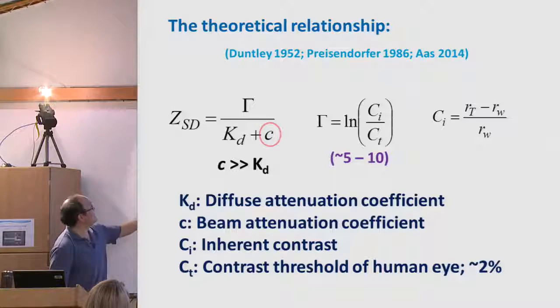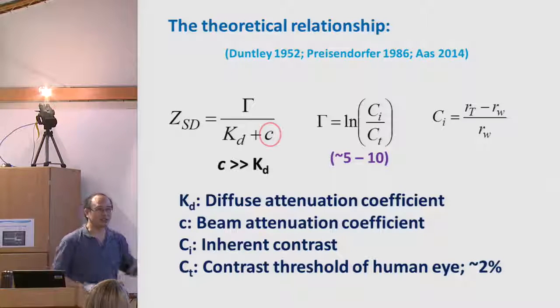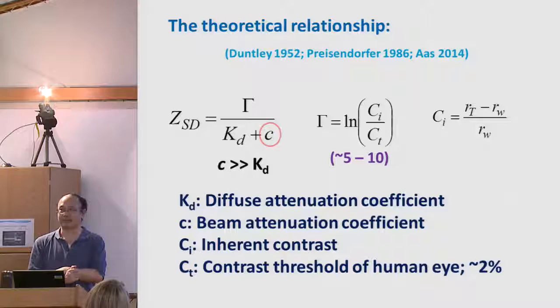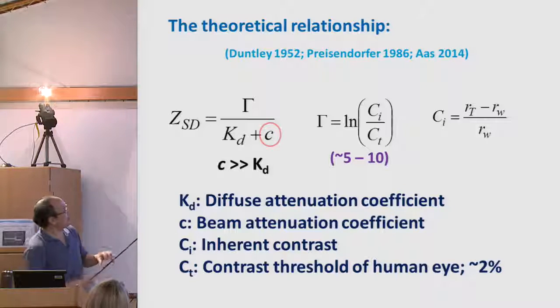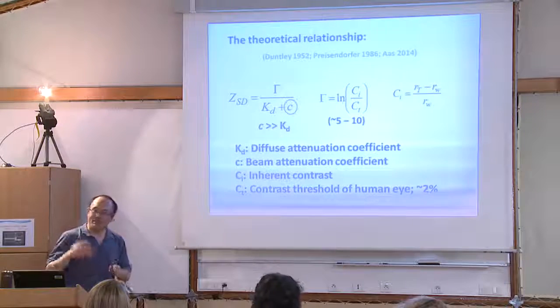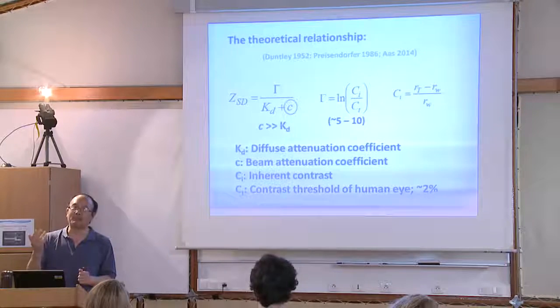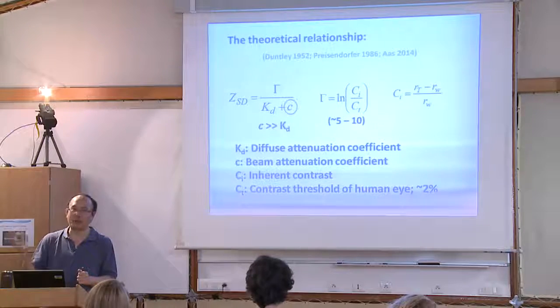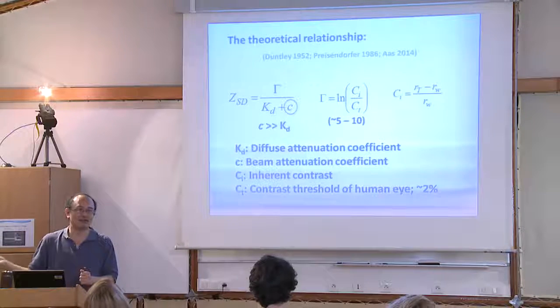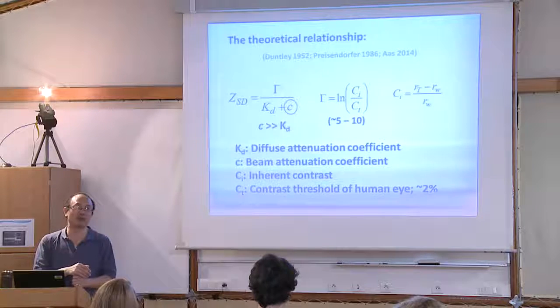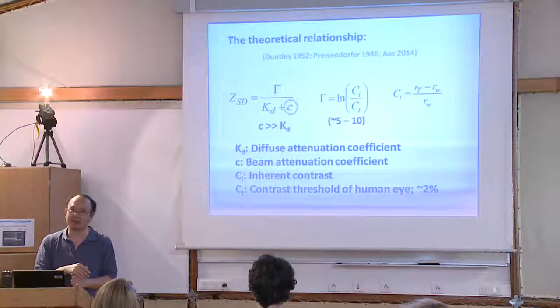So that means this ZSD is really primarily determined by beam attenuation. Historically, as I have mentioned, remote sensing reflectance is BB dependent. So remote sensing has no B there. So this cannot work from remote sensing because we cannot use remote sensing to get a B.